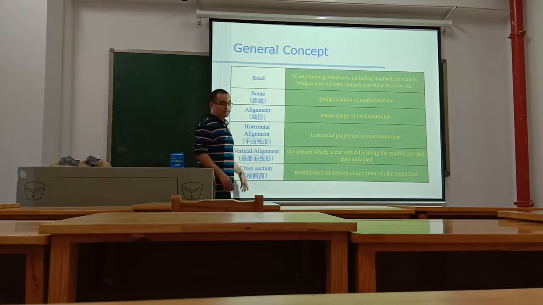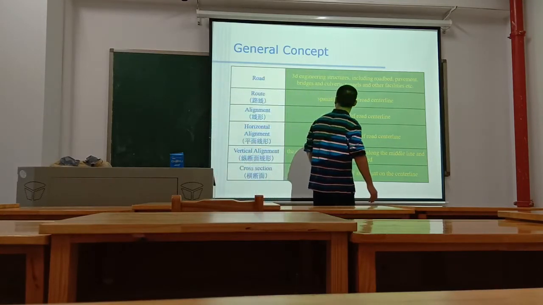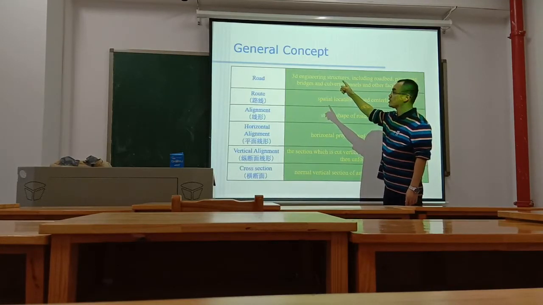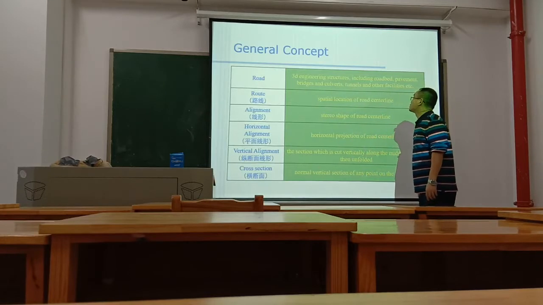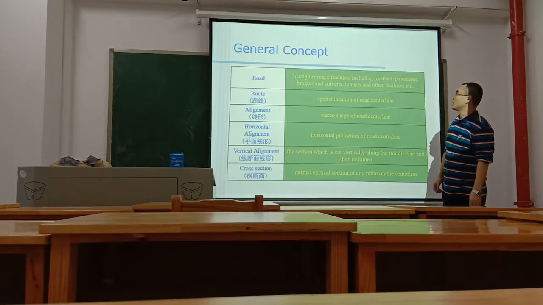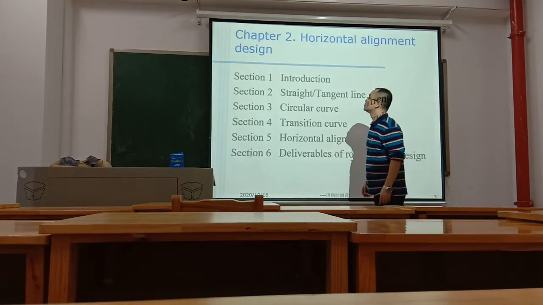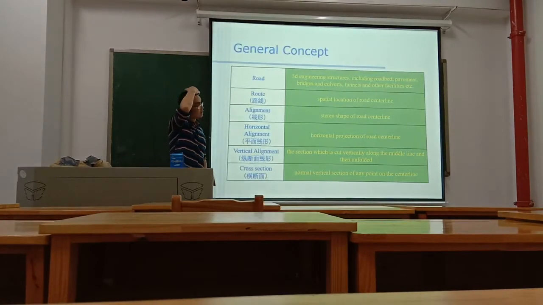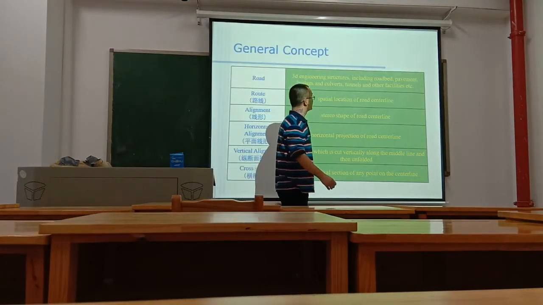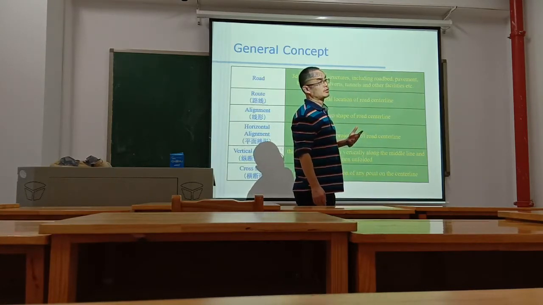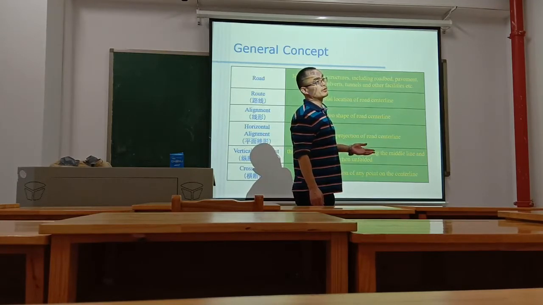Road. Road is a three-dimensional engineering structure, including roadbed, pavement, bridges, culverts, tunnels, and other facilities, such as traffic signs and traffic marks.